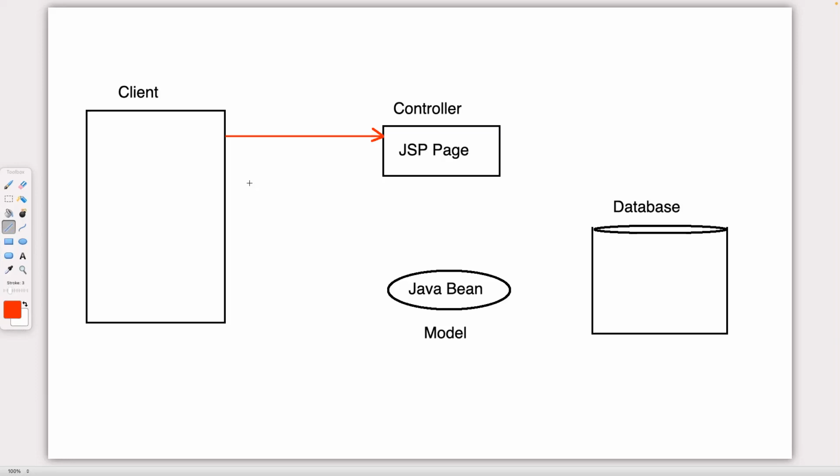After that, when the client submits a request to the controller, the controller will identify the Java bean component and instantiate it. Inside the Java bean component business logic is available, so the controller will execute that business logic. In this architecture the business logic is available in the Java bean component as a part of the model.